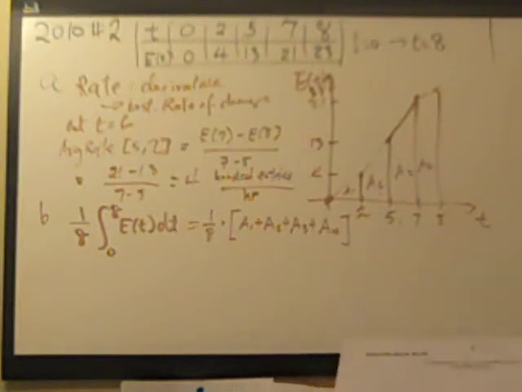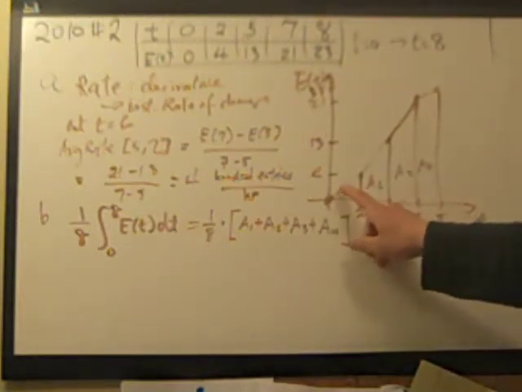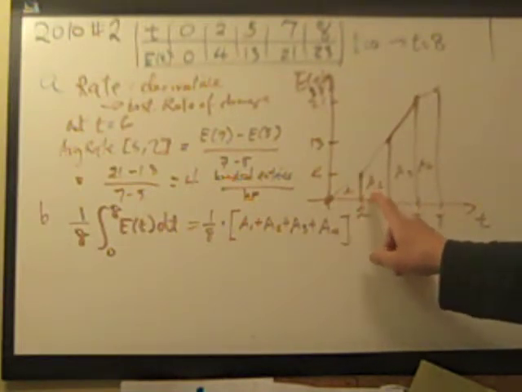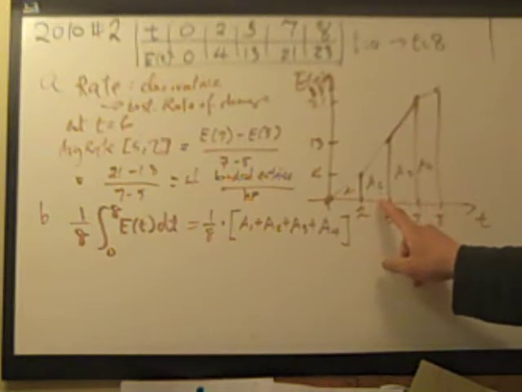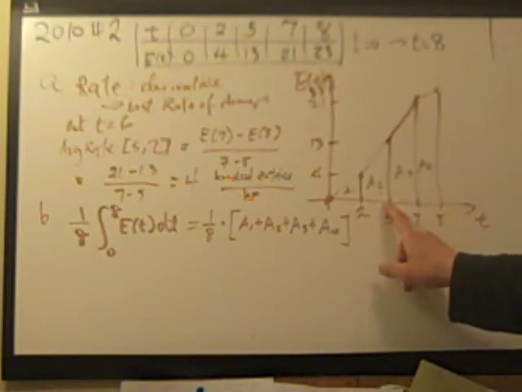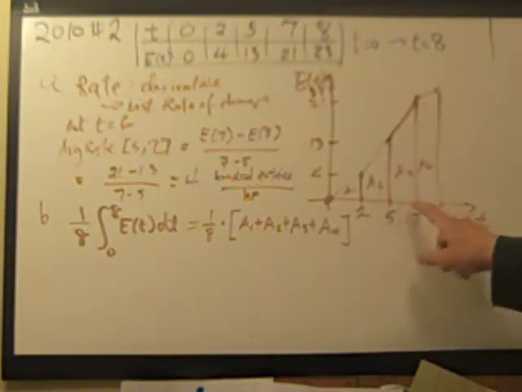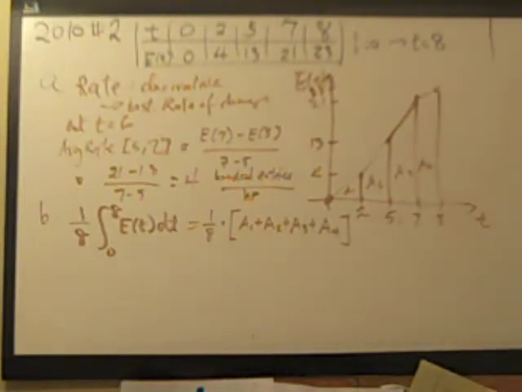Now, I hope you all know how to solve this. Well, the first one is this triangle. So it's the area of this triangle, 1/2 base times height. A2 is the trapezoid. So it's 2 bases times the width divided by 2. And same thing for A3, the trapezoid, A4, the trapezoid.